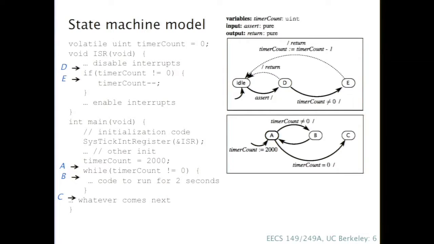We go to B if the timer count is non-zero. After we're in B, we always return to A. That's the only thing B can do because this is a while loop. So after B, I just go back to A. When I'm in A, if timer count is 0, I will go to C. That's a nice state machine abstraction of a pretty simple snippet of code.